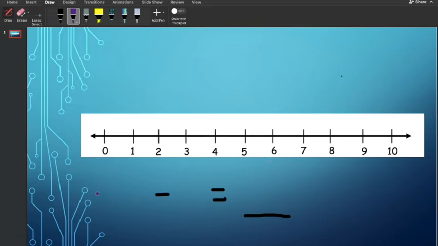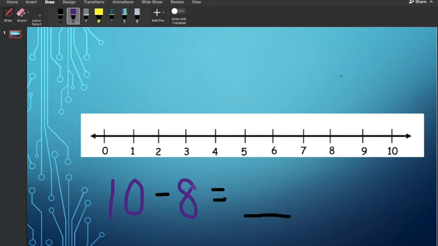I'm going to give you guys, we'll do 10. I'm going to start on the big number, the greatest number we have, 10. Okay, and I want you to take away, let's go with 8. Ten minus 8.